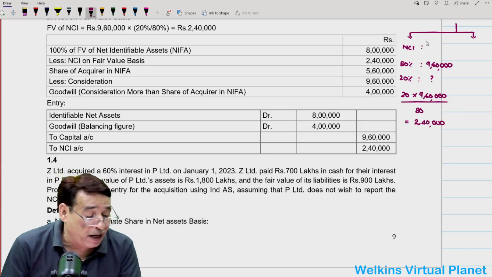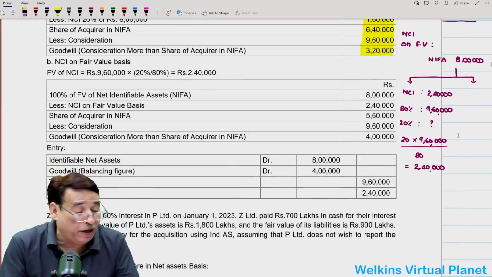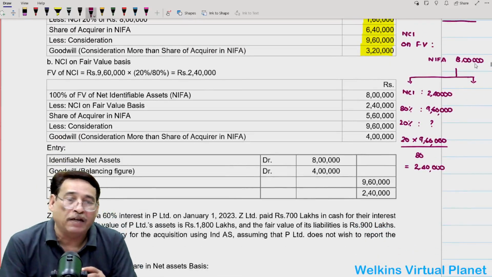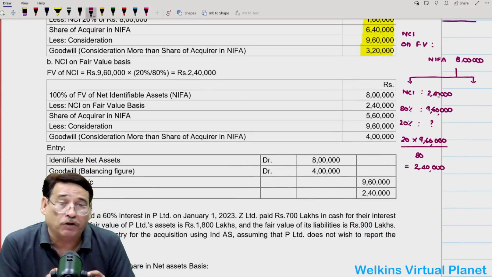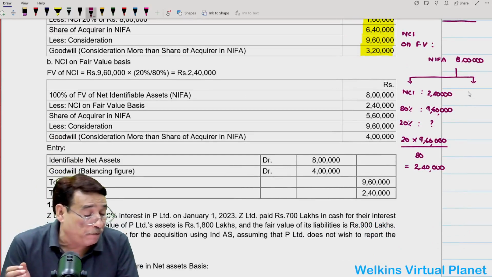So this time NCI is valued at 2,40,000. Now what does this 2,40,000 suggest? It suggests that out of 8 lakh worth of net identifiable asset, 2,40,000 worth of asset belongs to NCI. Now I subtract 2,40,000 from 8 lakh, so I will get the acquirer share. So what will be the acquirer company share?